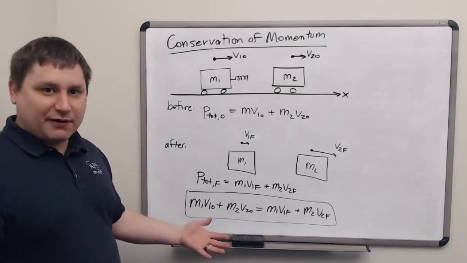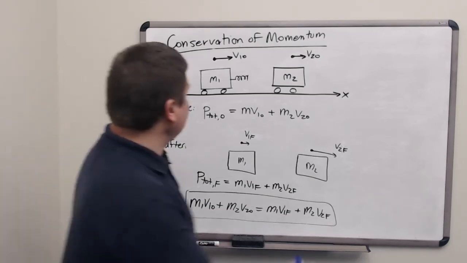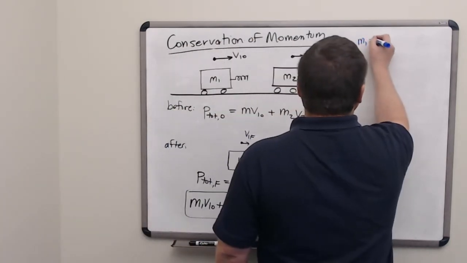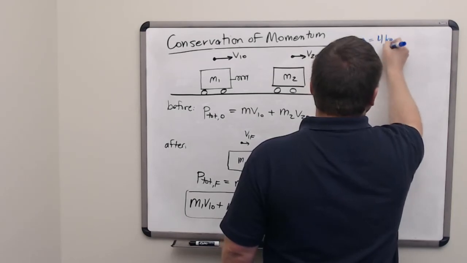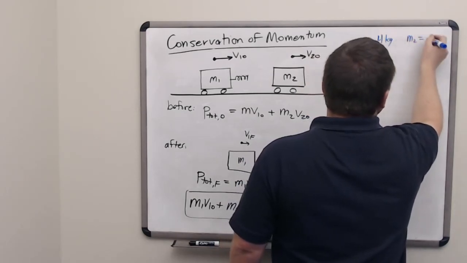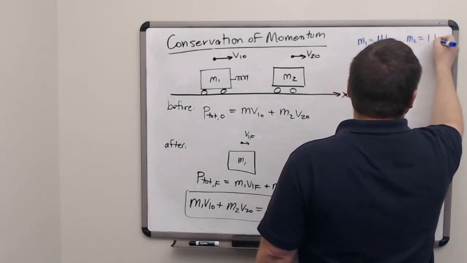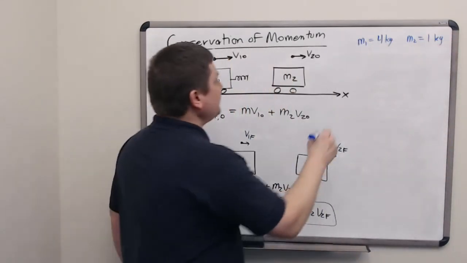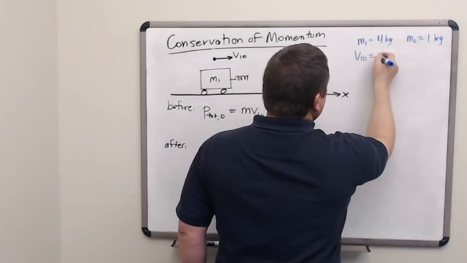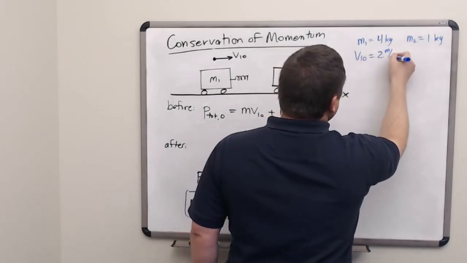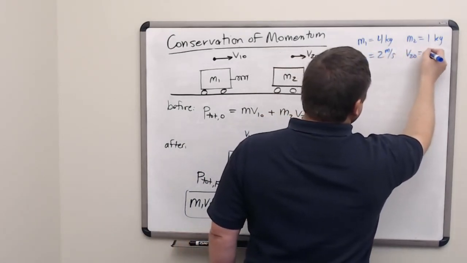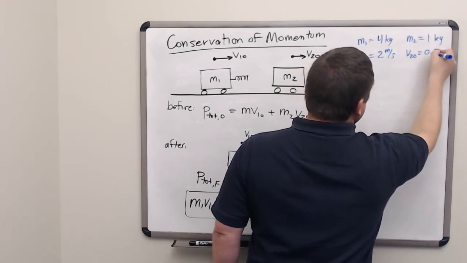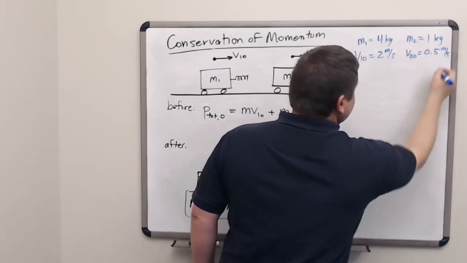I'm going to make up some numbers for the masses of the carts. Let's say M1 is 4 kilograms, M2 is 1 kilogram. I'll make up some initial velocities. V10 equals 2 meters per second, and V20 equals, let's say, 0.5 meters per second.